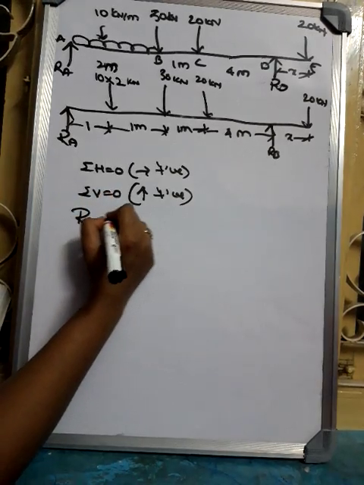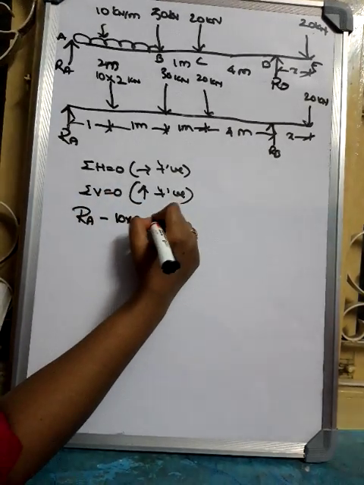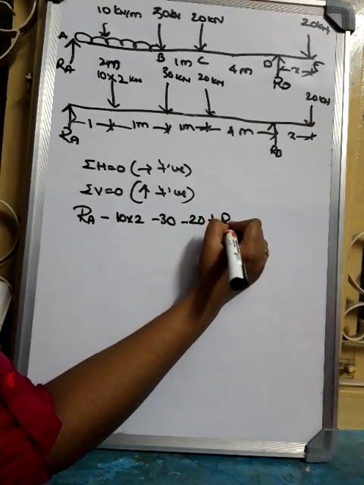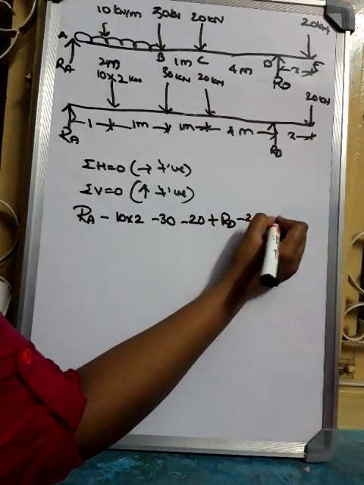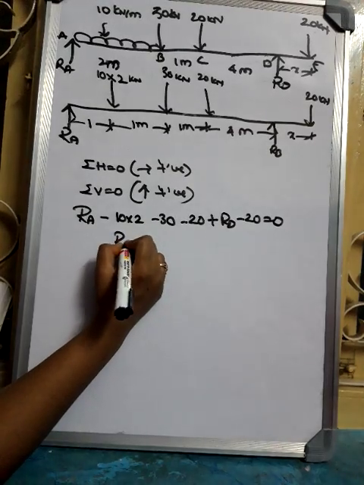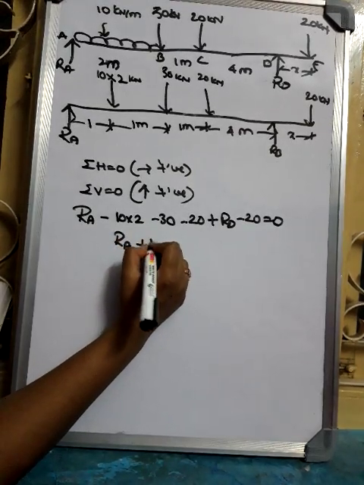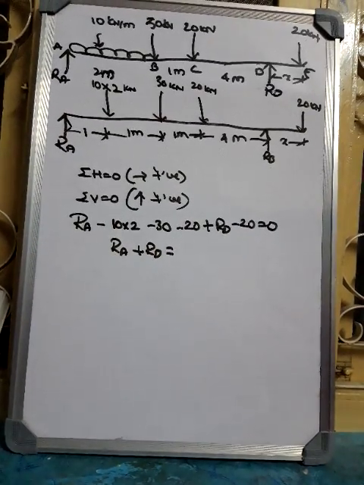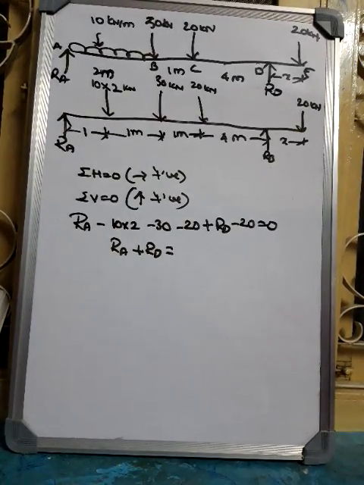So RA minus 10 into 2 minus 30 minus 20 plus RD minus 20 is equal to 0. So RA plus RD is equal to 20 plus 20 plus 30 plus 20.